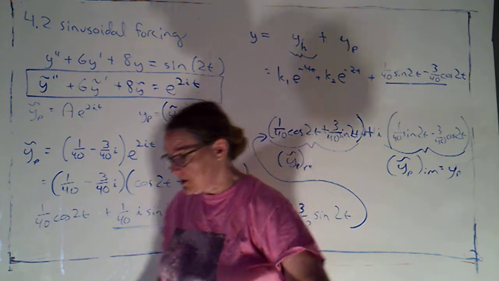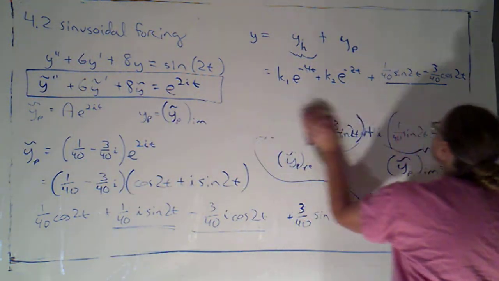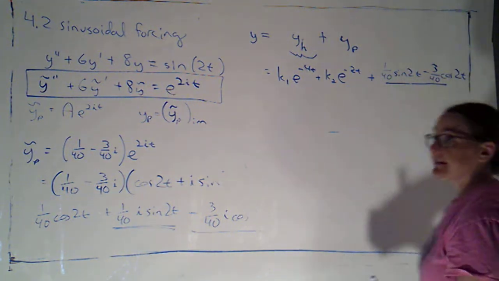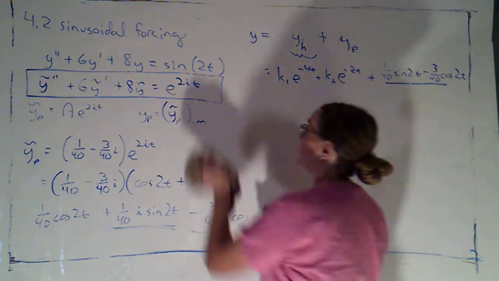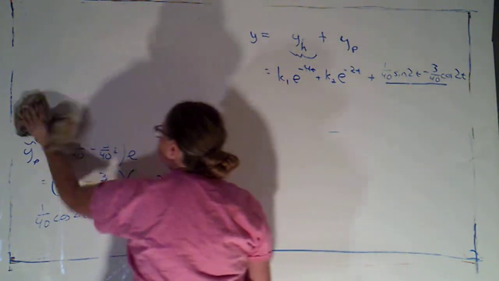What we would want to do if we were graphing that steady state solution would be to write that as a transformation of cosine. So let's just review how to do that.